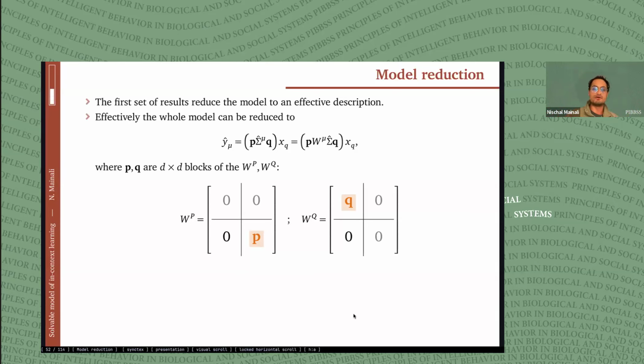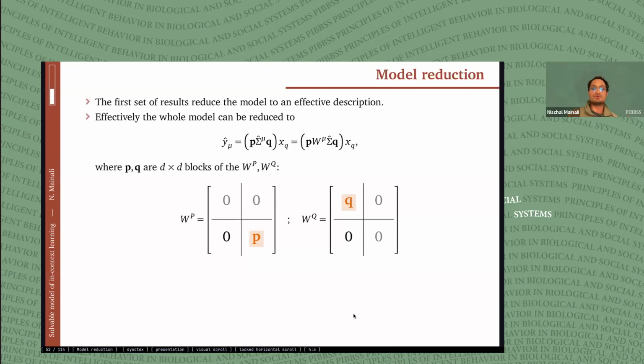The darker 0 is 0 because the global minimum of the SGD dynamics takes it to 0. So these parameters are set to 0 by the SGD dynamics. So really in this 2D by 2D matrix, there's only a D by D section where we're going to get some non-trivial evolution. And I'm calling that part P and Q.